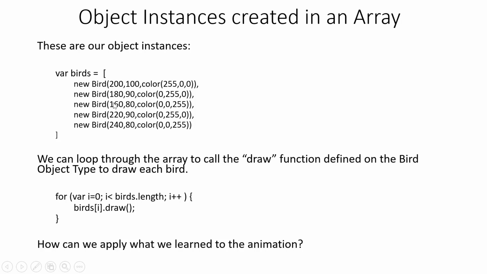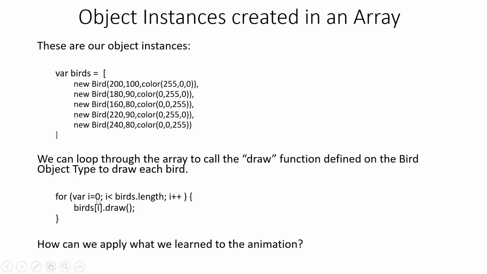Now that we've got our birds in an array, we can loop through that array calling the draw function. Now we're going to go from 0, because that's the index where arrays start, to less than birds.length. Well, remember that's a property of an array, the dot length, and so we have 1, 2, 3, 4, 5 birds.